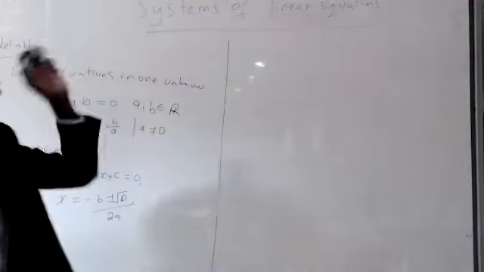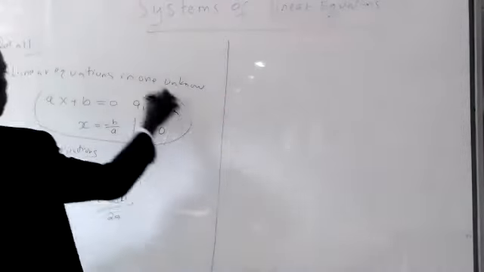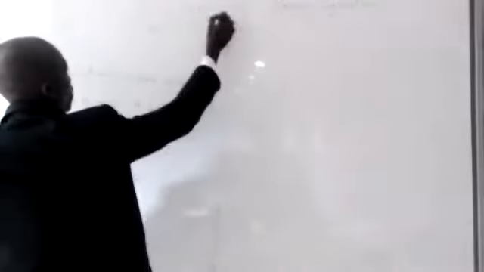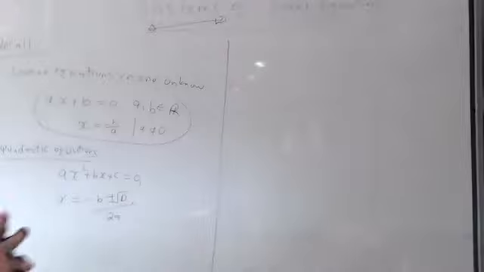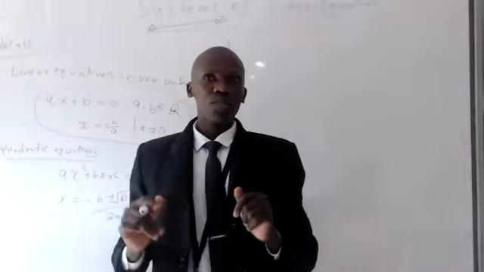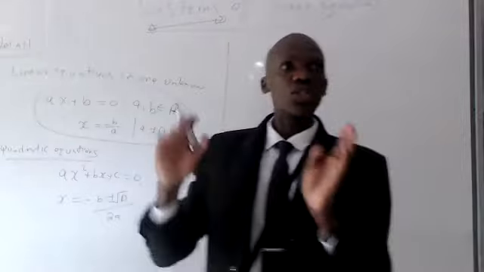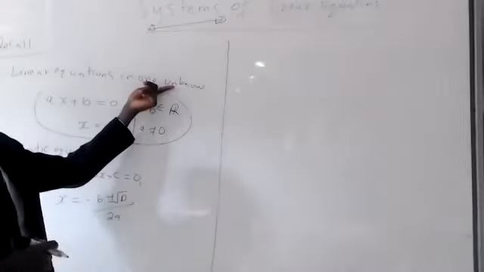Now, systems of linear equations. We'll be studying equations of this form, but now a set of such equations, not just one equation. There could be a set of 2 equations, or 3 equations, or 4 equations. And the number of unknown variables does not have to be 1 as we saw before.